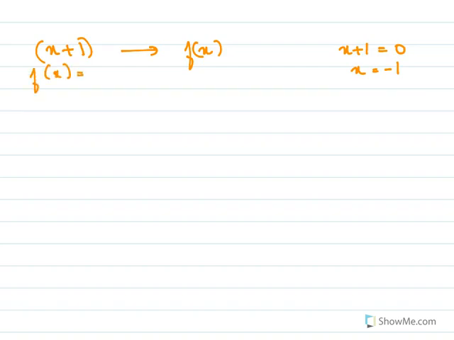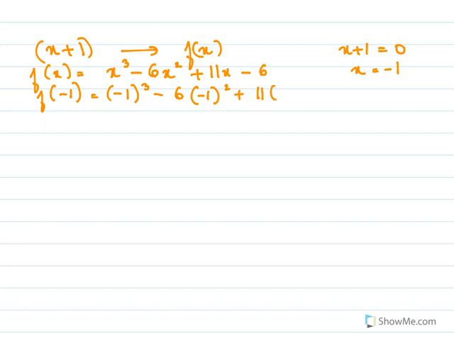So f of x is equal to x cubed minus 6x squared plus 11x minus 6. And we do now f of minus 1, that is minus 1 cubed minus 6 times minus 1 squared plus 11 times minus 1 minus 6.